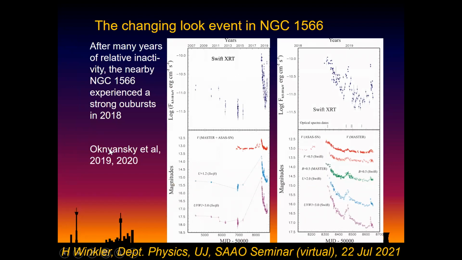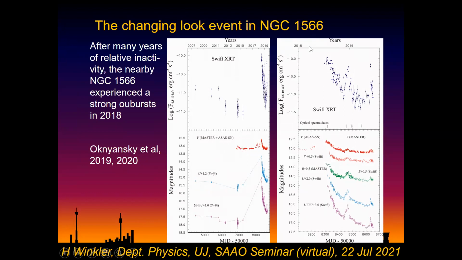Okay, and here again, people familiar with Sutherland will know that there's a Russian network of telescopes called MASTER set up there. And Viktor Oknyansky and some of his co-workers are running this MASTER telescope. They are perpetually looking for interesting events happening in the sky and then trying to follow up on that.